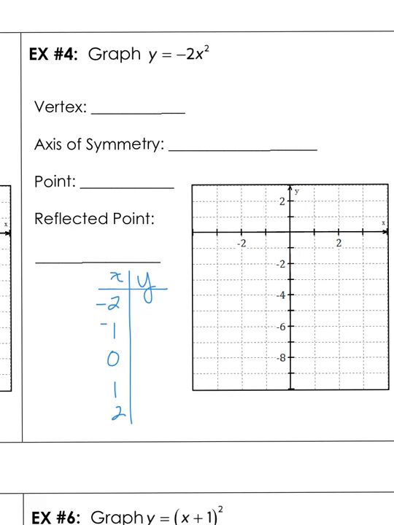So -2 squared is 4 times -2 is -8. -1 squared is 1 times -2 is -2. 0 squared is 0 times -2 is 0. 1 squared is 1 times -2 is -2. 2 squared is 4 times -2 is -8. So the parent function would have been here.